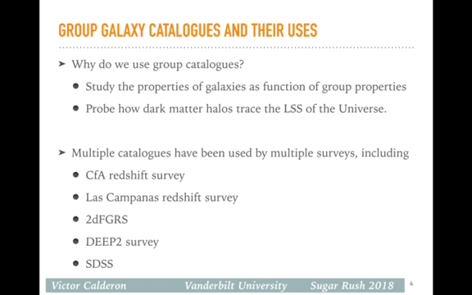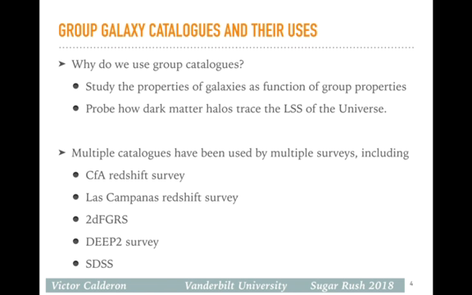For example, you can look at the color of galaxies within a group, or you can also look at the environment. You can also probe how dark matter halos trace large-scale structure of the universe.